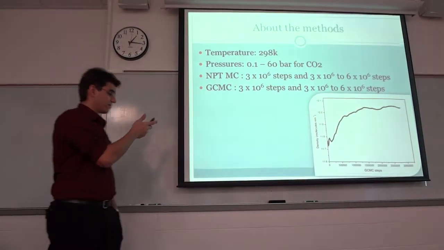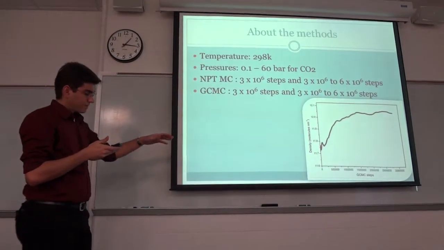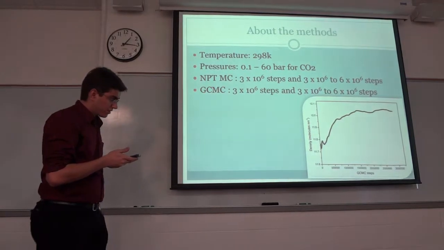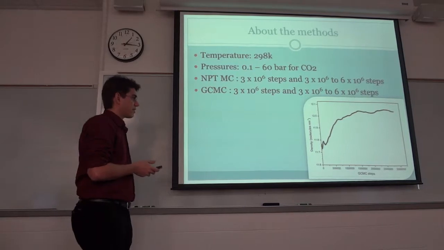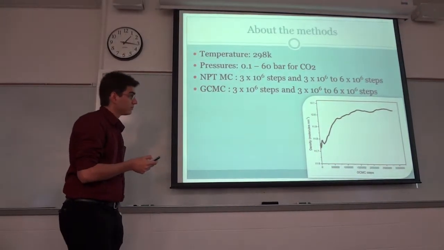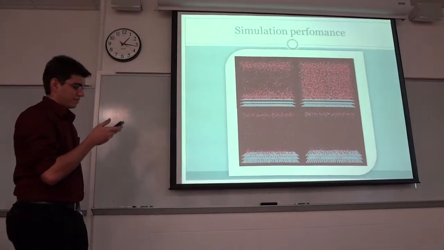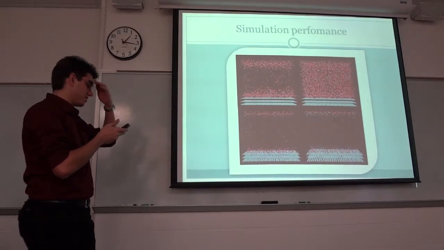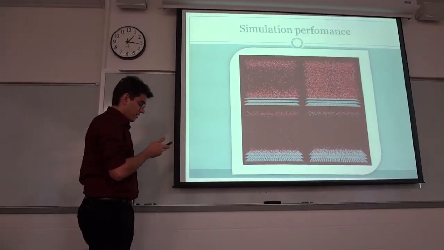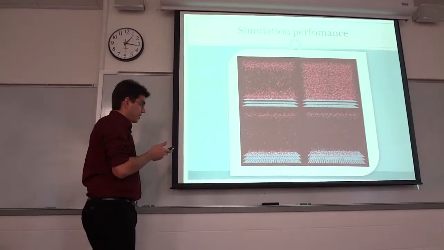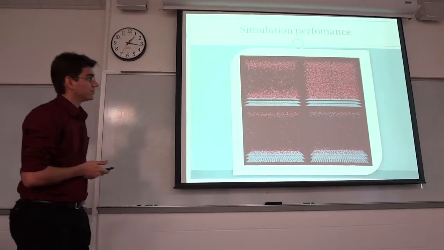In this graph, we have the running average of the number density from a typical grand canonical Monte Carlo simulation of CO2 in activated carbon. Here we have snapshots of the simulation boxes of the absorbed gases in graphite pores with an activation site density of 2.22 at 298 Kelvin.